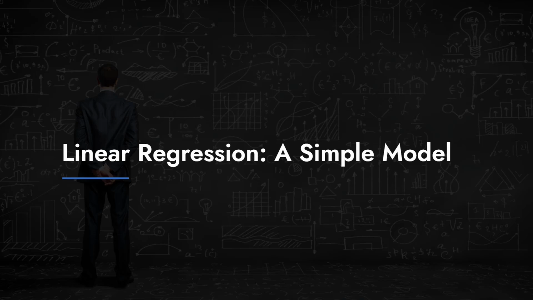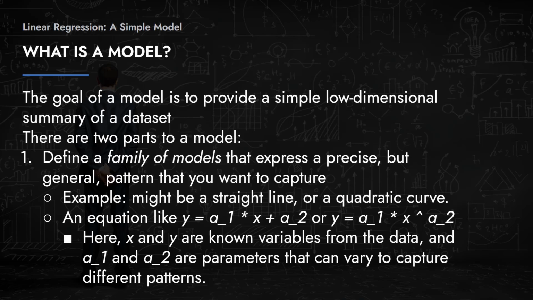So let's first start by defining what a model is. You've probably heard me say this word many times, and you're going to hear me say it many times in this part of the course especially, because a model basically describes the data set that we want to predict on.